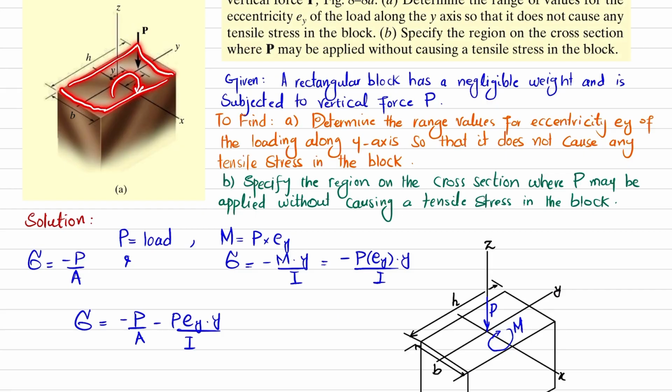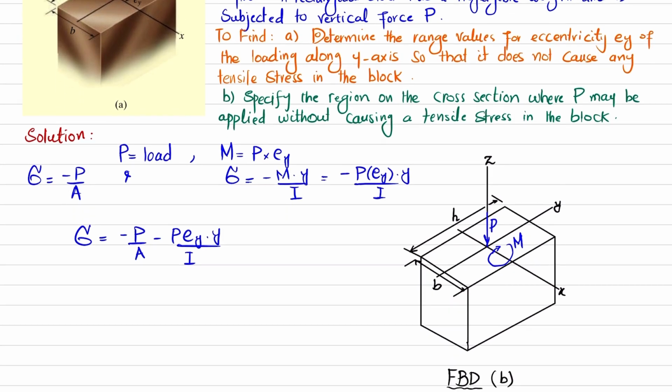So this portion will be in compression and this portion will be in tension due to this bending moment. So if you take positive y direction, this will cause compression, and if you take y in the negative direction, this portion will be in tension. So I have this equation.